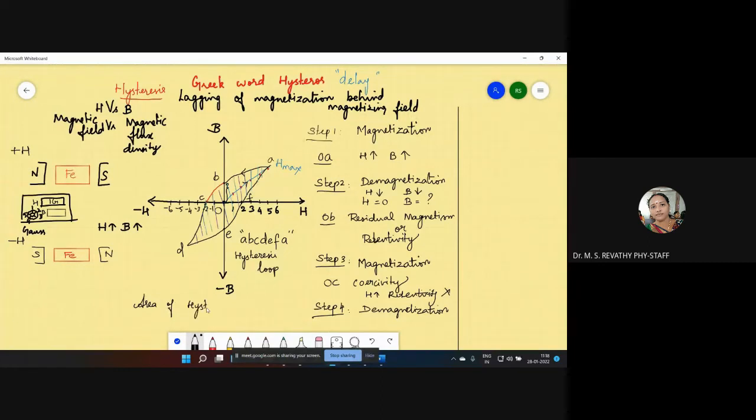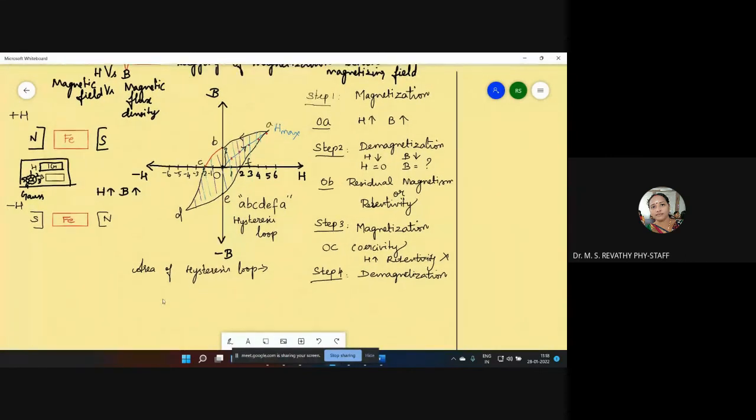The area of the hysteresis loop gives me the work done by the ferromagnetic specimen, and from this we can get information about the energy loss produced by the material.